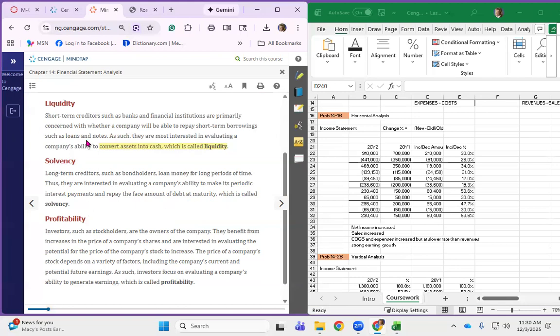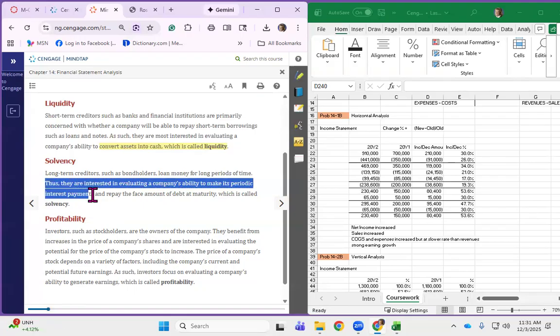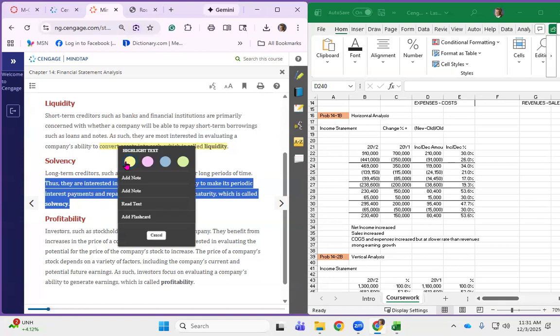So liquidity pretty much allows you to pay your short-term obligations, and solvency is to make periodic interest payments and repay the face amount of the debt at maturity. These are longer obligations that you would have to meet. And if you're not doing very well up here, you probably won't be doing too well here. So I'm going to highlight the meaning of solvency.